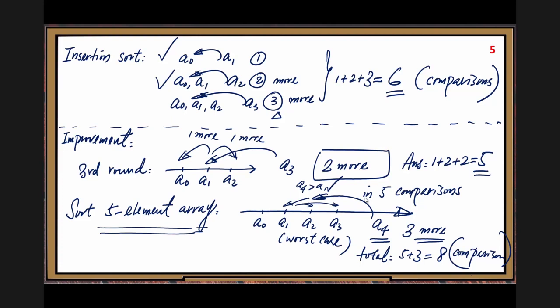Do you still remember? I gave you how many comparisons you need to sort a 5-element array before. Remember in one class before, I talked about finding the median of 5 elements and sorting 5 elements. Those 2 problems, I gave you 2 numbers for the best solution.